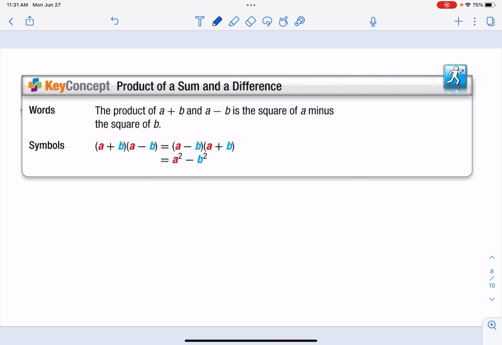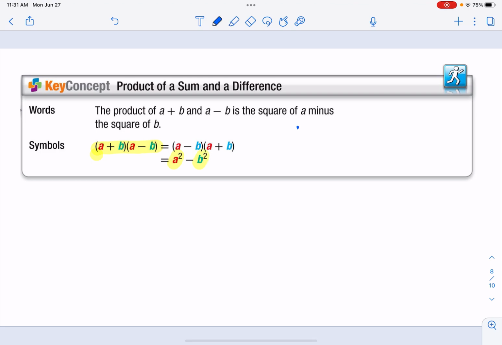Okay, product of a sum and difference. So notice what we have here. We have a plus b times a minus b. Well, that's actually really nice. I don't know why they flipped that, but anyway, because it's the same thing either way: a squared minus b squared. Because let's look and see what happens.